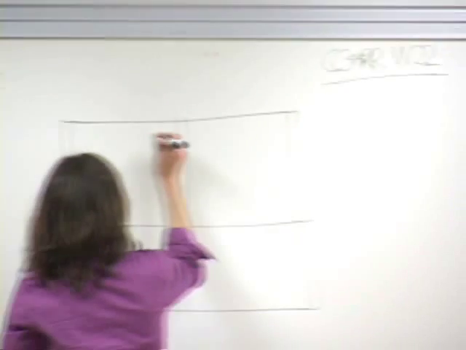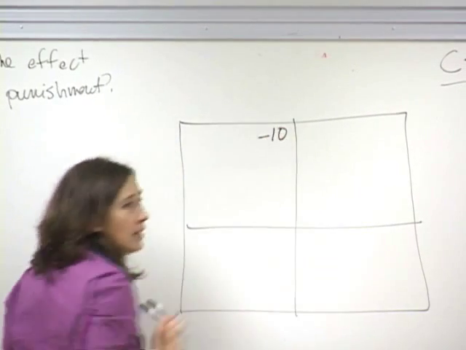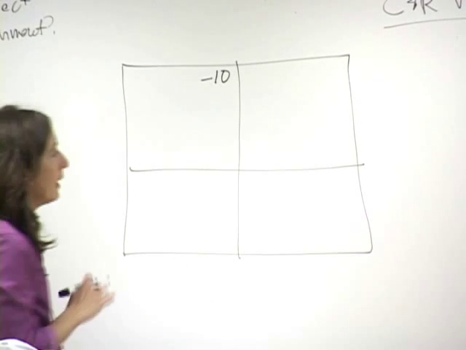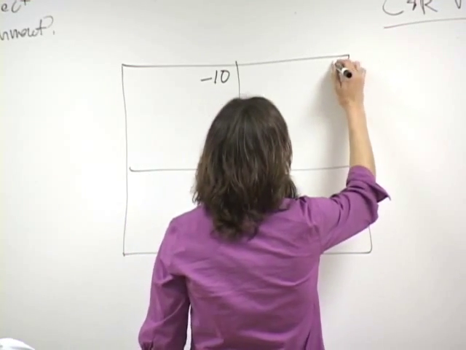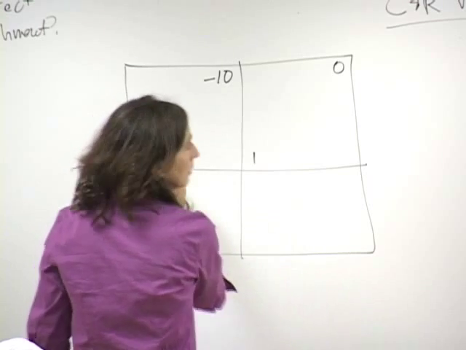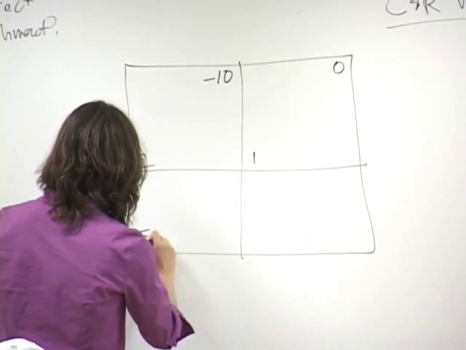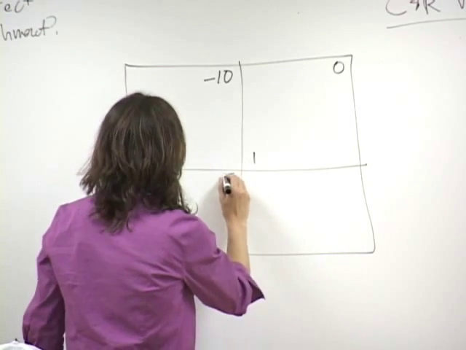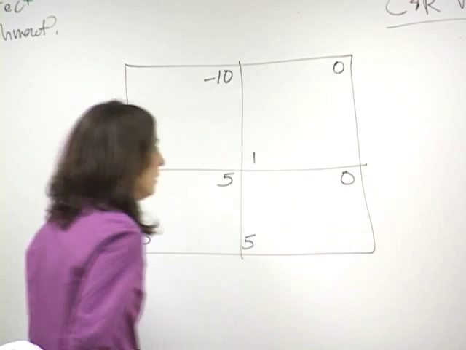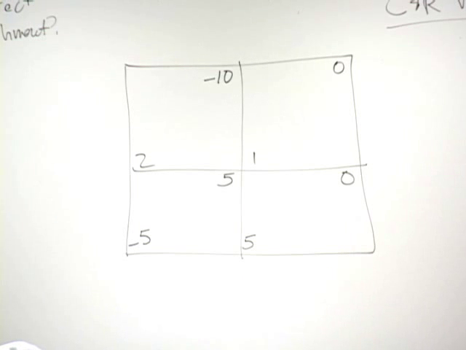So we're going to make that worse. We're going to double their punishment. Give them -10 instead of -5. Everything else is going to be the same. 0, 2, and make sure, again, audit me that I am actually copying these numbers correctly. Okay, so now we've got a different payoff here.